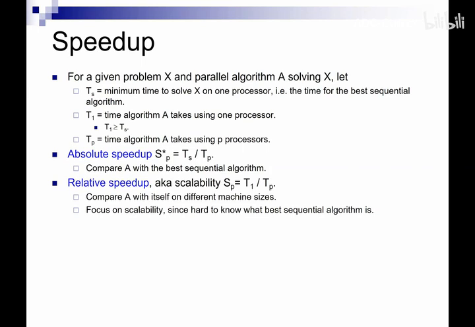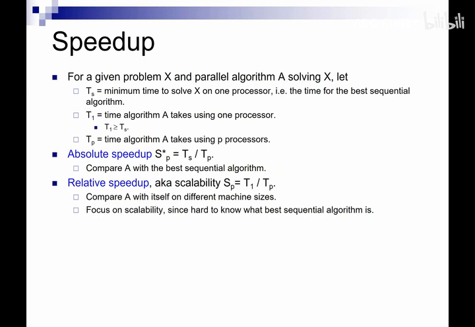This means that we're comparing the time to solve x using one processor for algorithm A versus when you have P processors. In general, this SP is going to be a number that's larger than 1, because when you only have one processor, it's going to take you a long time to solve this problem, presumably, whereas if you have P processors, it takes you less time.